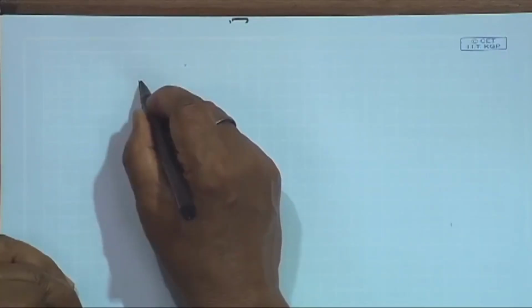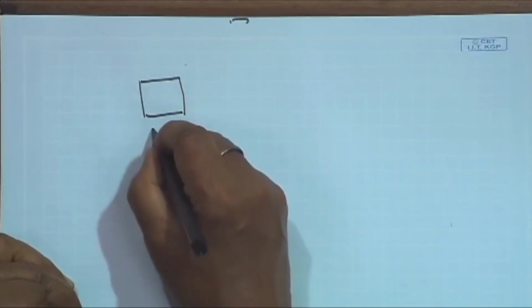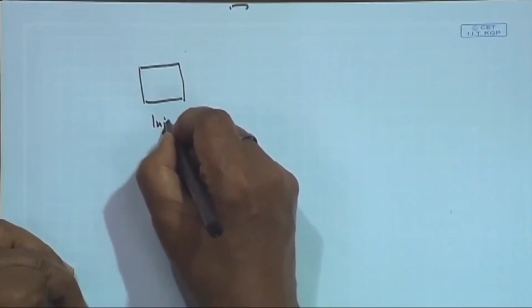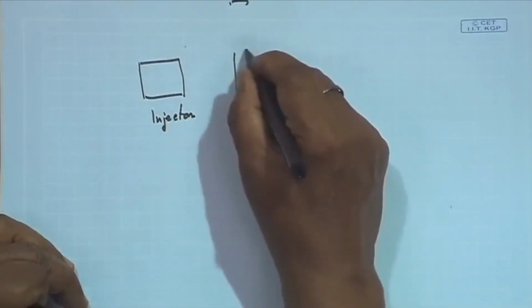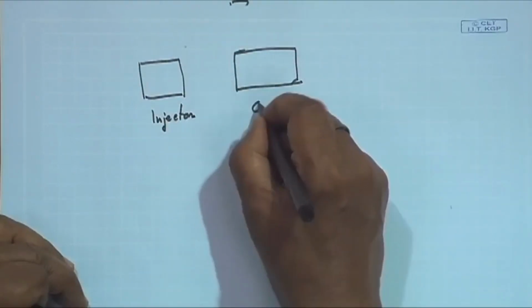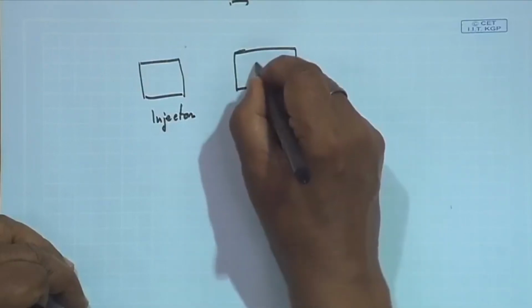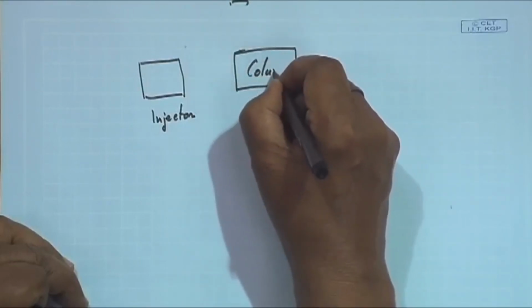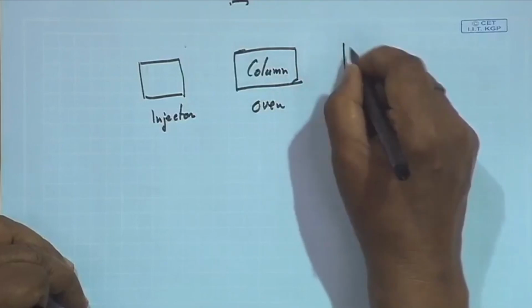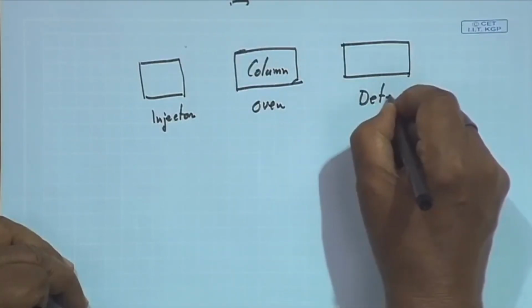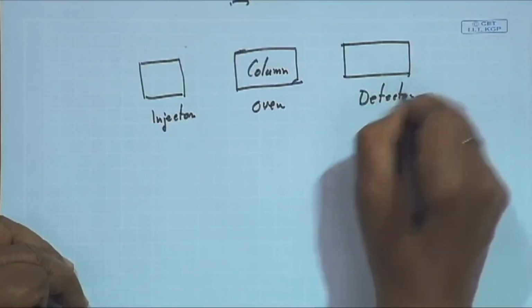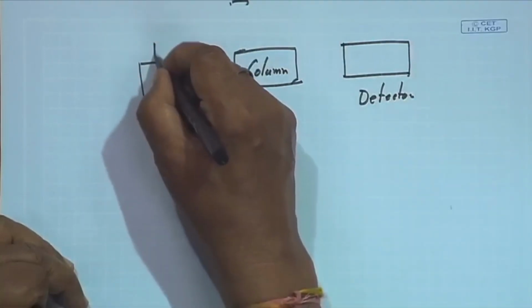So, in gas chromatography, we have three different sections. One we call the injector, another we call the oven, where we have the column, and another is the detector. So, what do you do here?